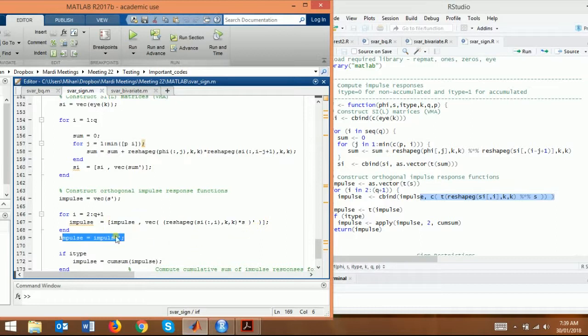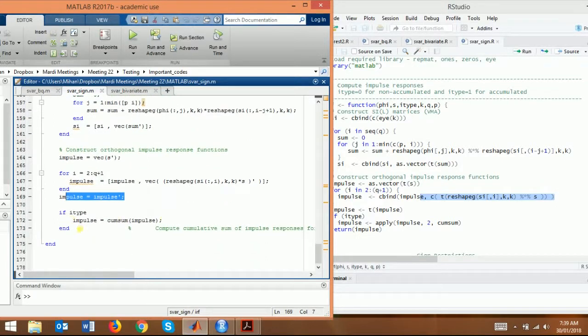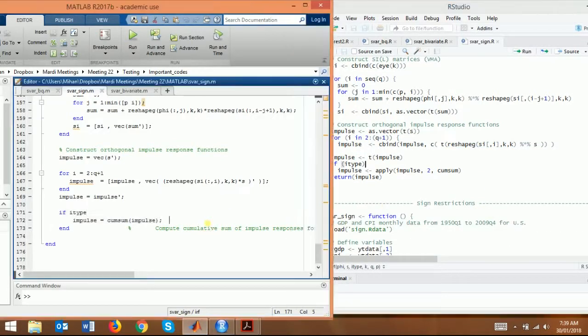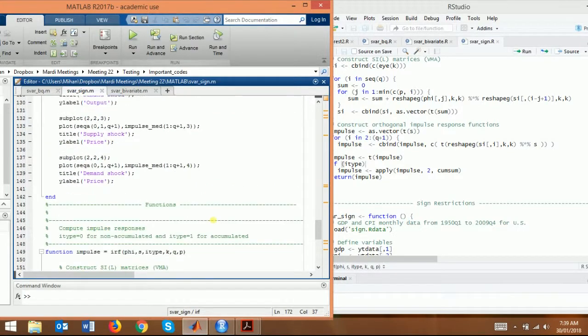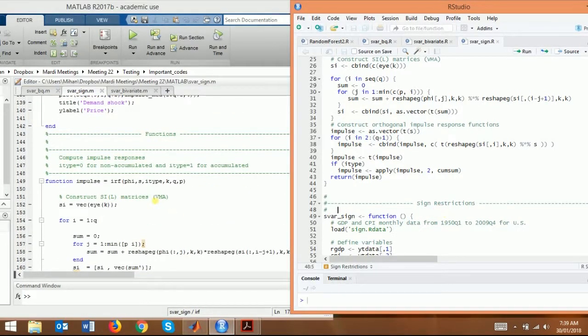Then when we did transpose, the orders are maintained, and then we can get back. So if I type, if we pass a situation, then it will accumulate, otherwise it will not. So this is a regular impulse response function.